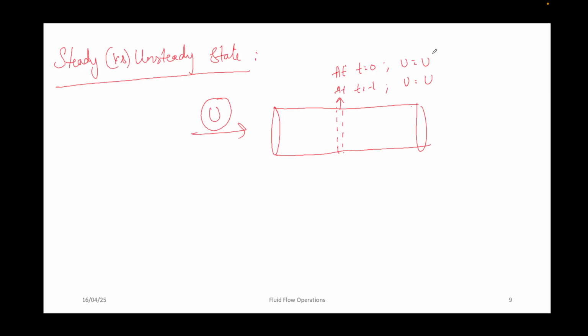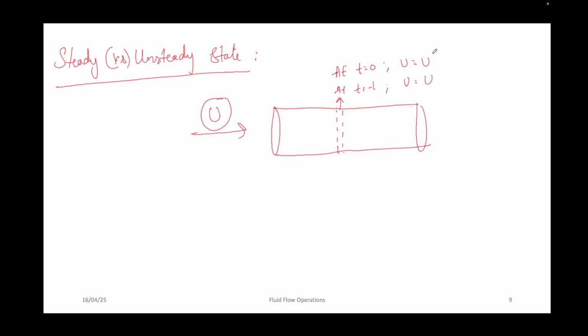So if the properties or characteristics of a particular fluid are constant over a period of time, you can consider that to be steady state. But if it is varying, then it is going to be unsteady state.